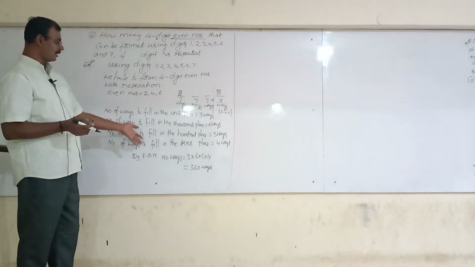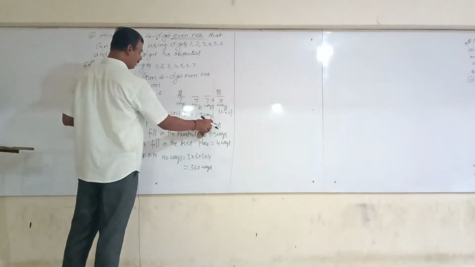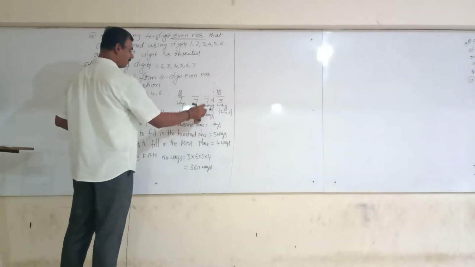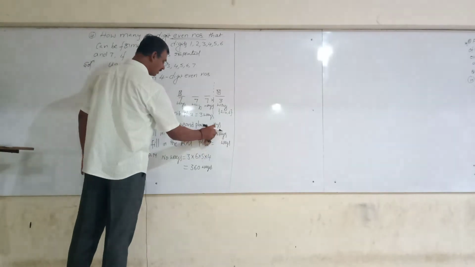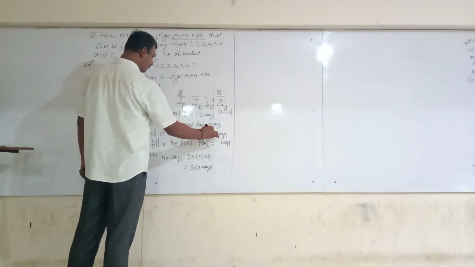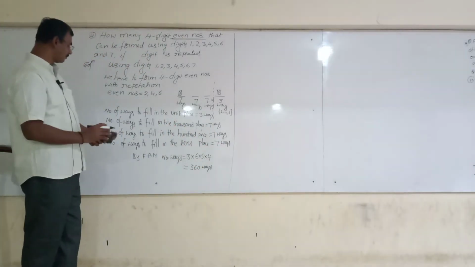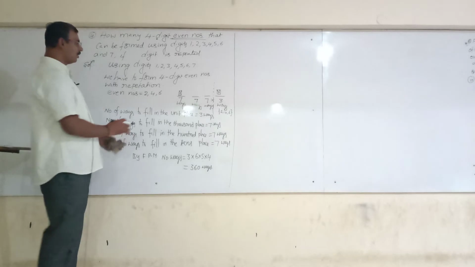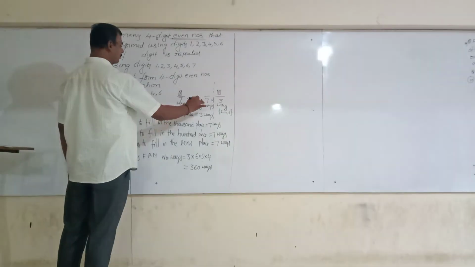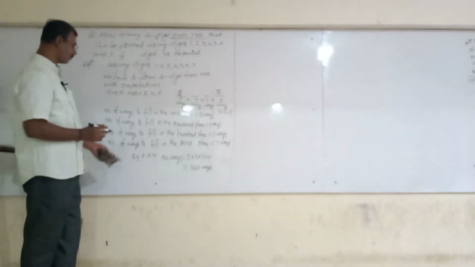So now we are writing the number of ways. The primary condition, the unit place, can be filled in 3 ways. The remaining positions are the same: thousands place 7 ways, hundreds place 7 ways, tens place also 7 ways. I have to use the fundamental principle of multiplication.